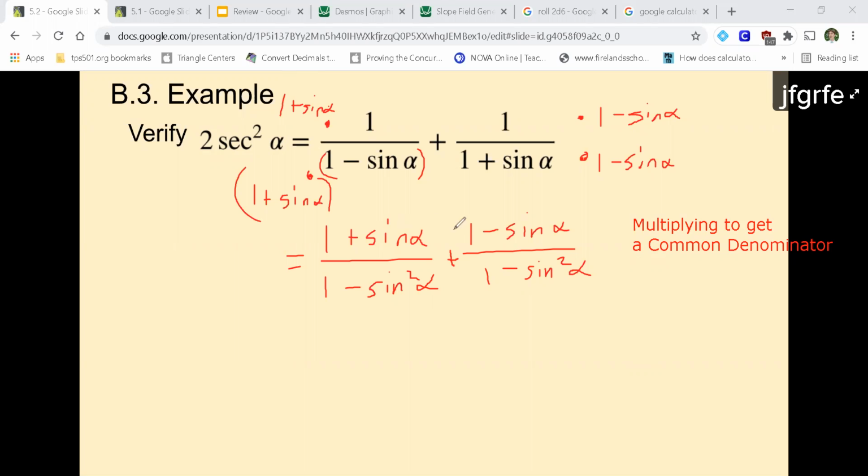Now we have common denominators. We can add these together and actually add together really nicely. 1 plus 1 is 2. Sine plus negative sine is nothing. Cancel out.